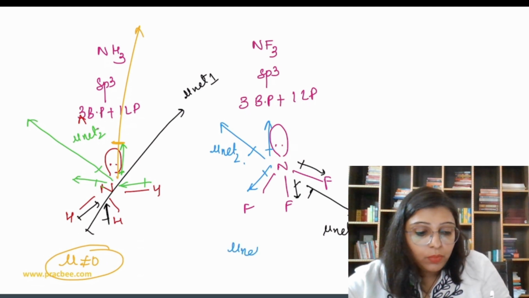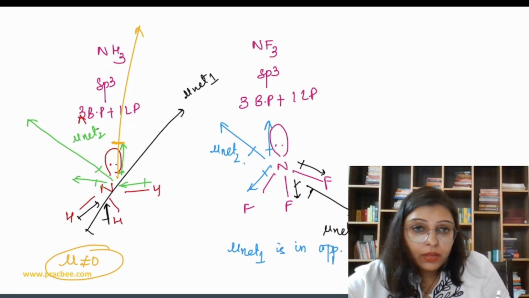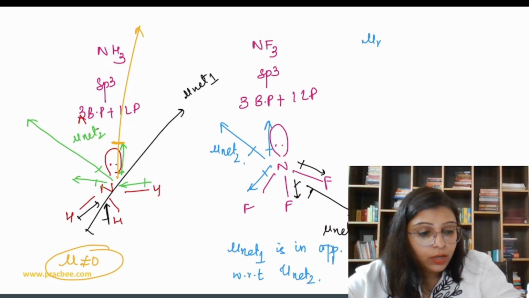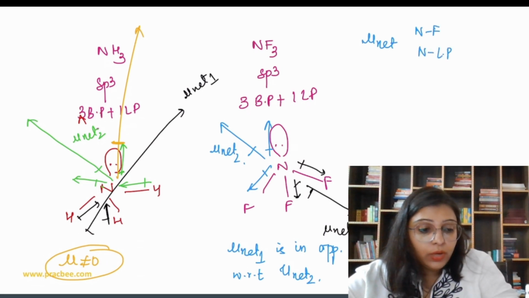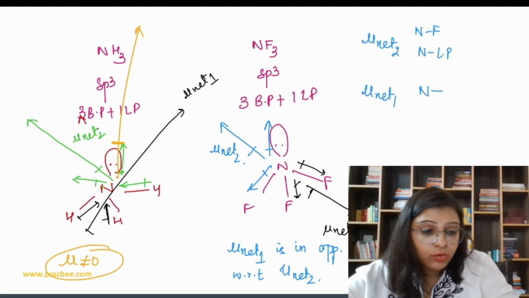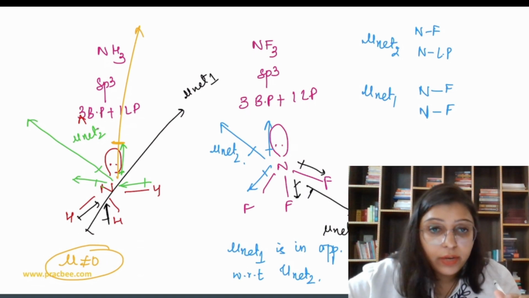So you can see mu net 1 is in the opposite direction with respect to mu net 2. But for mu net 2, we have one nitrogen-fluorine and one nitrogen-lone pair. And for mu net 1, we have two nitrogen-fluorine.